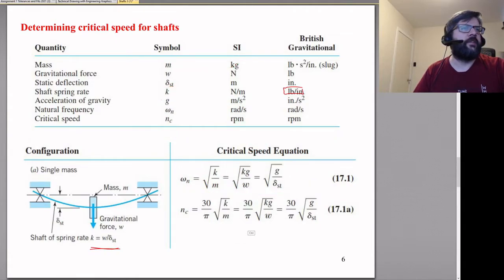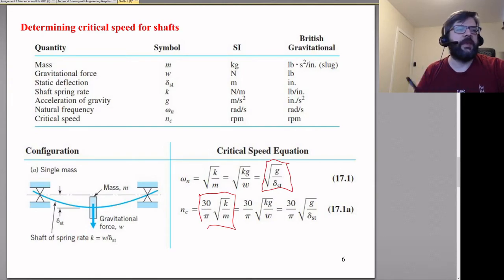Converting that to critical speed in RPM is a matter of multiplying by 30 over pi. Another way is, if we know the static deflection of the beam when a mass like that is applied in the middle, we can take g divided by that static deflection and then take the square root.